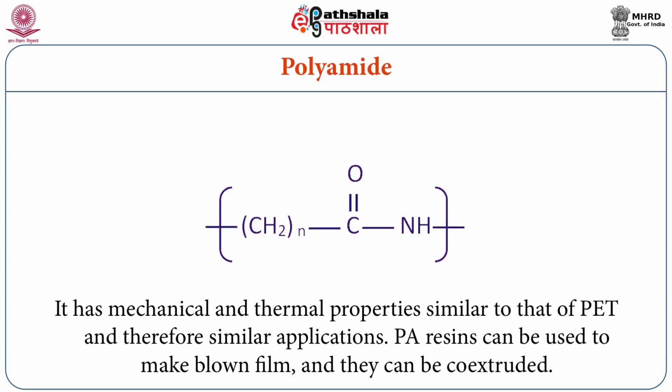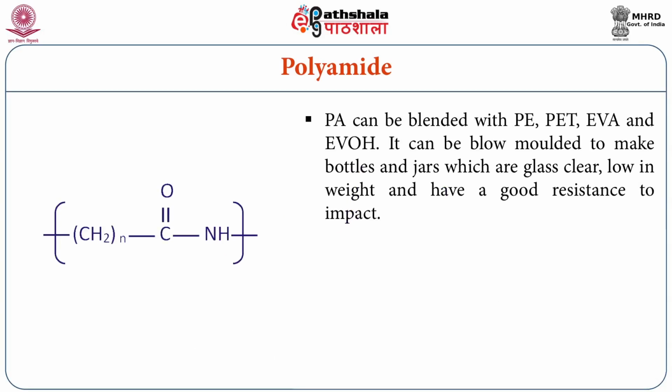It has mechanical and thermal properties similar to that of PET and therefore similar applications. Polyamide resins can be used to make blown film and they can be co-extruded. Polyamide can be blended with polyethylene, PET, ethyl vinyl acetate and ethyl vinyl alcohol.